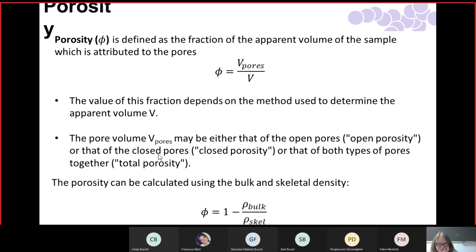So you can calculate it using the bulk and the skeletal density. So that porosity, because this is related to the volume of the pores, is just 1 minus the bulk density over the skeletal density. So for a silica aerogel, if you have a skeletal density of about 2.3 and a bulk of about 0.08, that's why the porosity is so high.